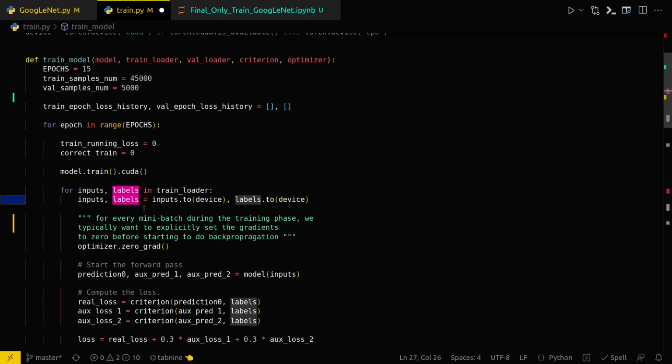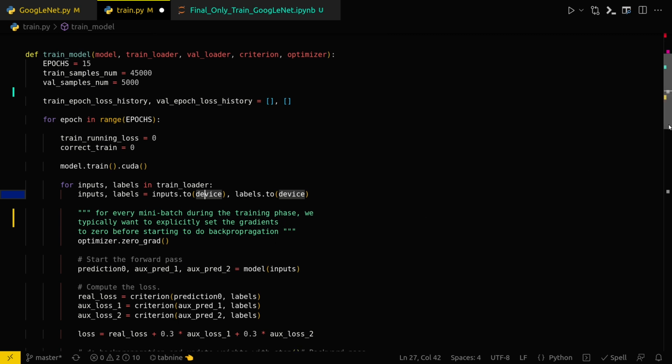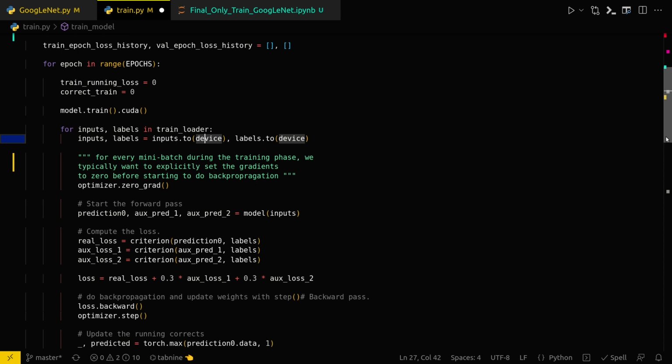Here I am looping over the train loader, which is coming from my data loader, from my dataset. And of course, here I am moving all of these tensors to the same device. That's very much standard practice in PyTorch.